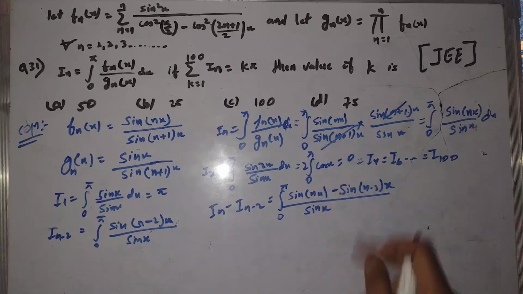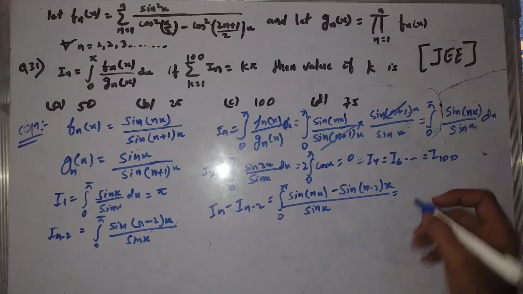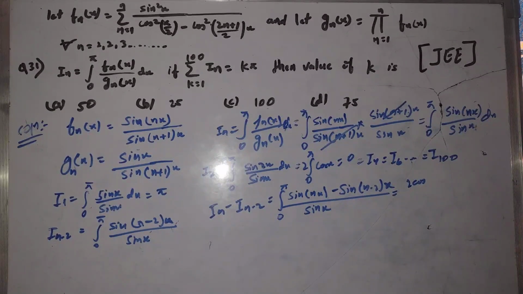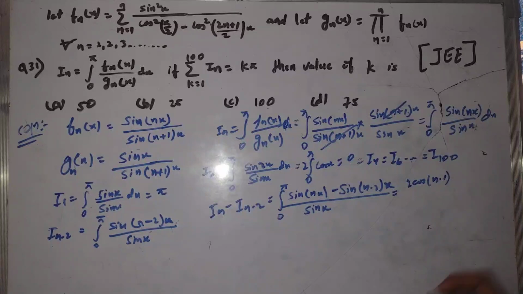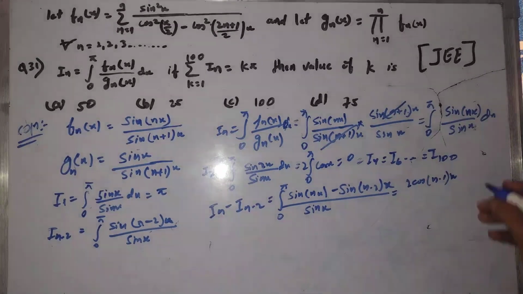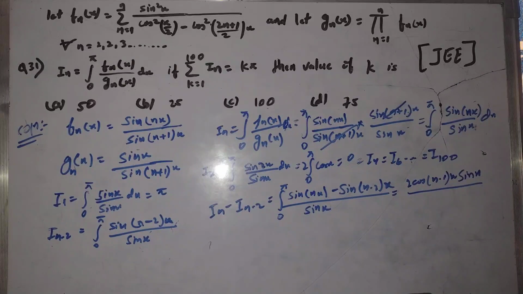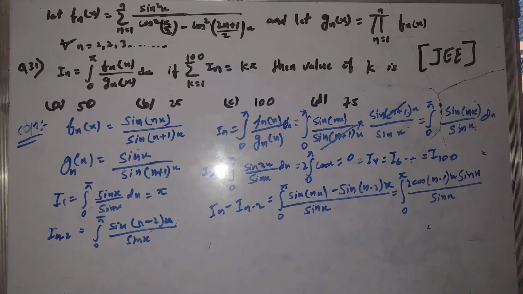We'll use the sine C minus sine D formula in the numerator, and what we'll get is 2 cos (n minus 1)x, because the sine terms combine to leave sine x. So we have that in the numerator and sine x in the denominator, and we integrate from 0 to pi.